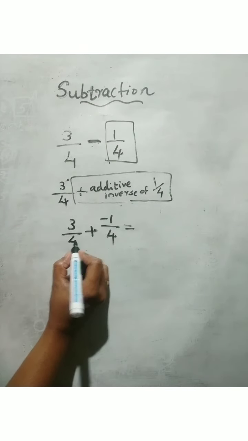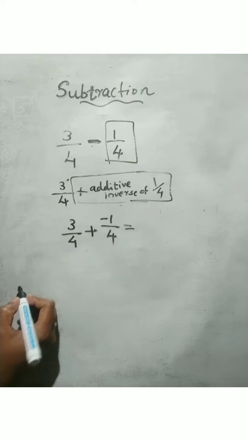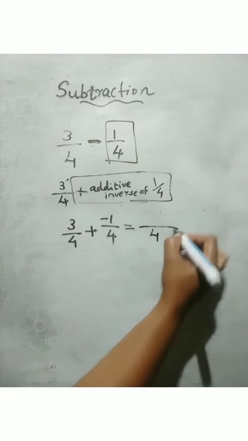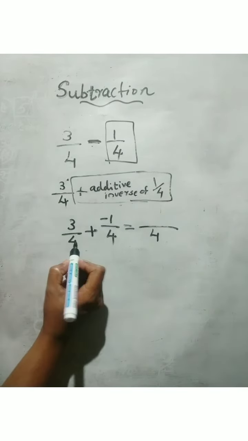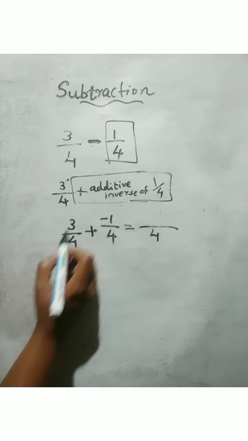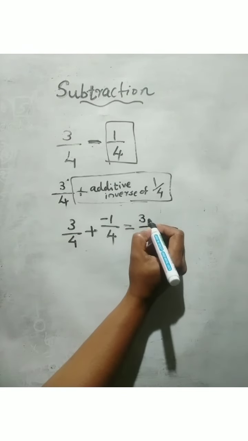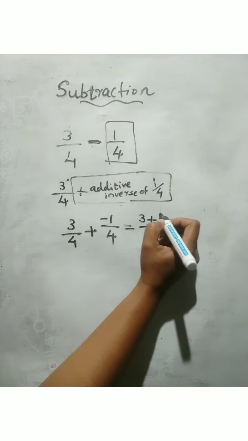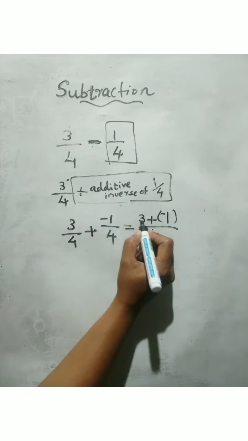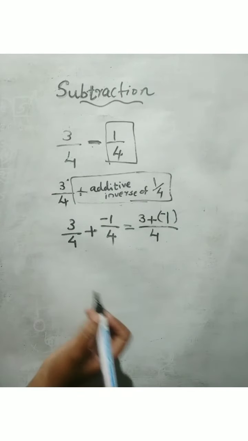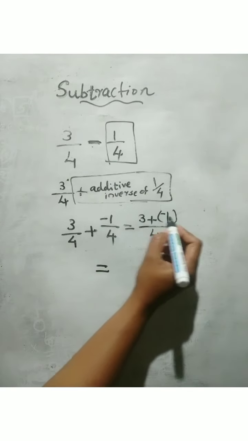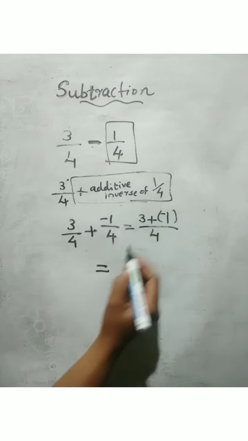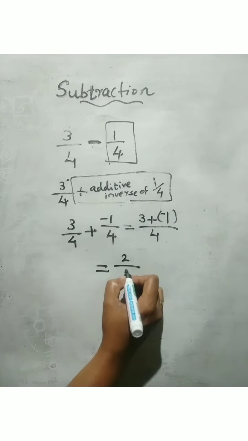Here, both denominators are the same. So, write that denominator, 4, itself. Then, do the calculation for the numerators. Here 3 plus negative 1. One is positive, another one is negative. So, what can we do? We have to subtract these two numbers. 3 minus 1 is equal to 2 on 4.